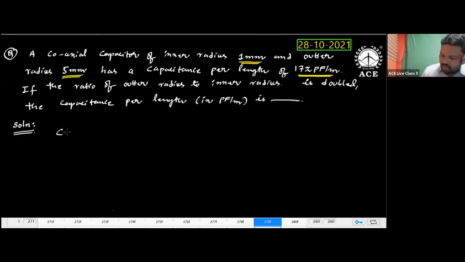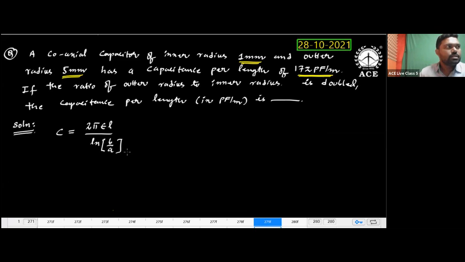Capacitance C is equal to 2 pi epsilon L by natural log of B by A. It is asking capacitance per unit length, beta.